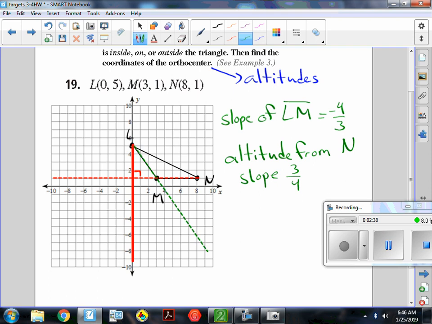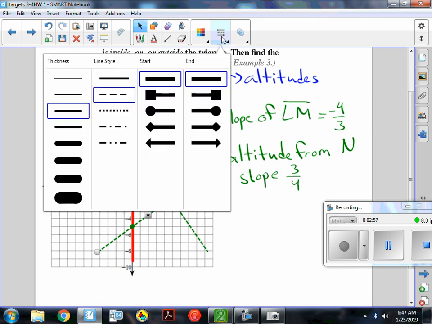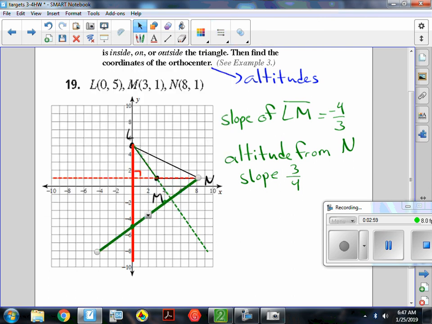So from N, I need to graph a slope of 3/4. So I can go down 3 and left 4, down 3 and left 4, and then make that line. And it will make that line solid and easier to see. Right, so that is an altitude drawn to the side containing LM.